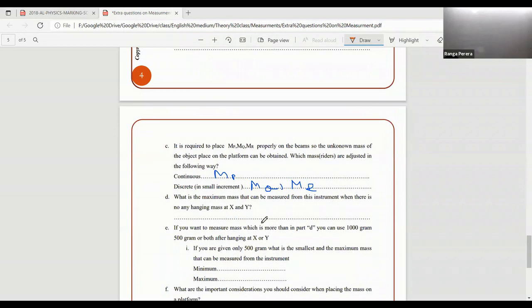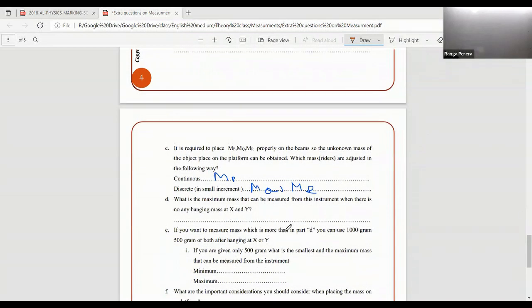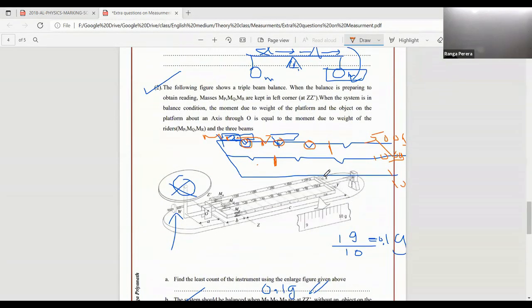What is the maximum mass that can be measured from the instrument when there is no hanging mass at x and y? Your x and y is here. You don't have any mass hanging on x and y. In this beam, you can measure 500 gram maximum. In this beam, you can measure 100 gram. In this beam, you can measure 10 gram.